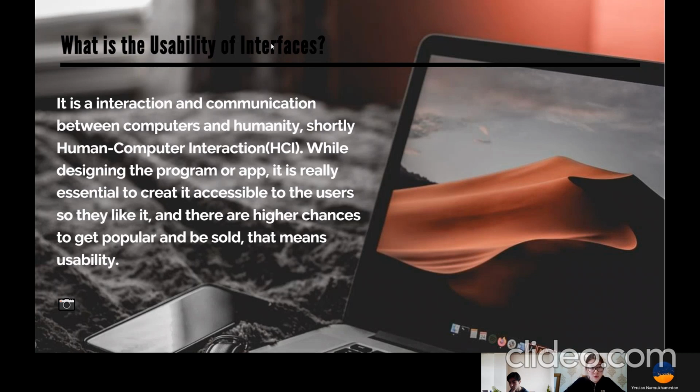There are 5 criteria of usability of a system. First, it should be easy to learn. It should be easy, colorful and attractive for the users. Second, the efficiency of use. As I said before, the efficiency of use should be available and reliable for the consumers and have high productivity.